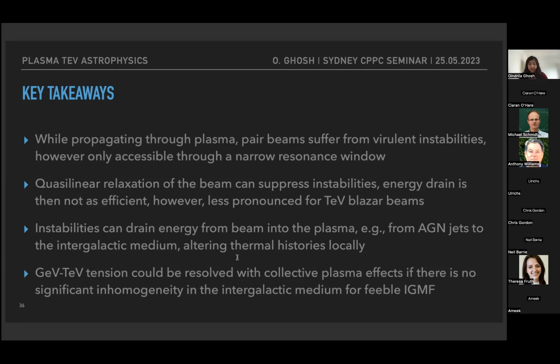In case there is not a significant inhomogeneity in the intergalactic medium, and the intergalactic magnetic field strength is feeble, then the GeV-TeV tension could be resolved, taking into account the magnetic deflection as well as the plasma instabilities, in order to account for these missing GeV bumps.